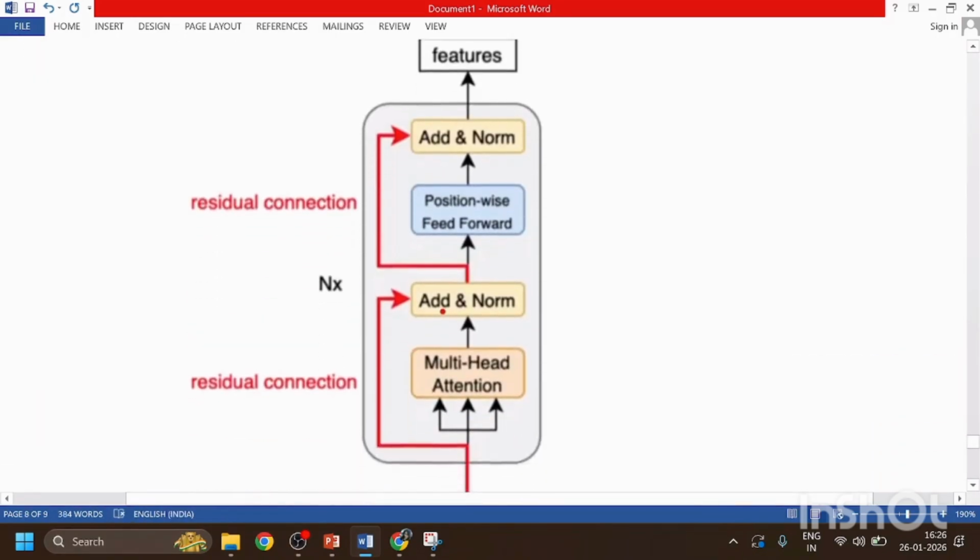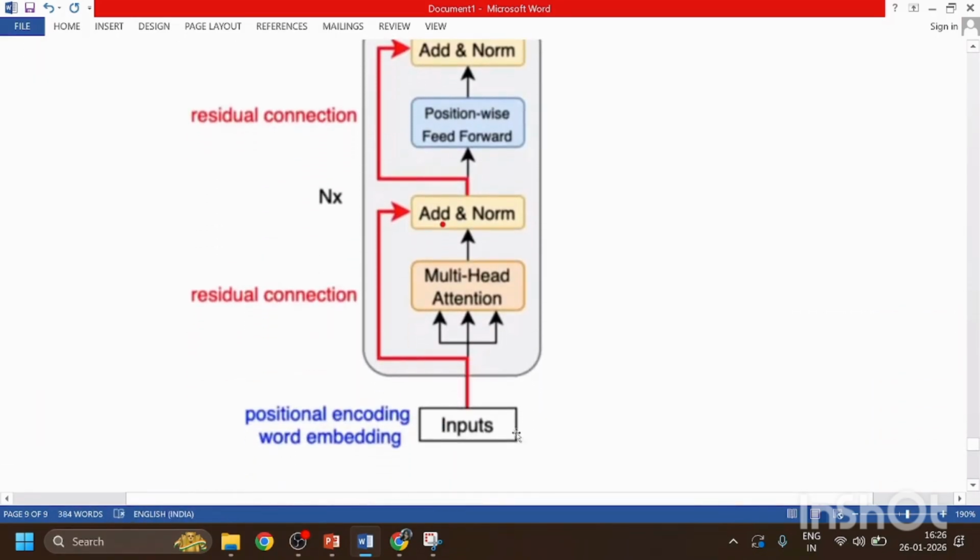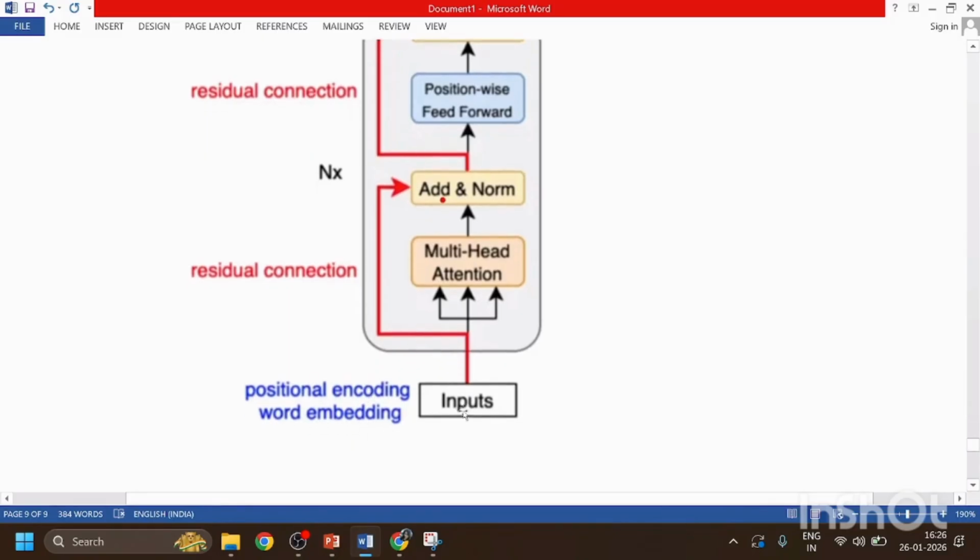Let's summarize the encoder block again. Here you can see the input: input embedding plus positional encoding. After this we pass it into multi-head attention, and then add and normalize.